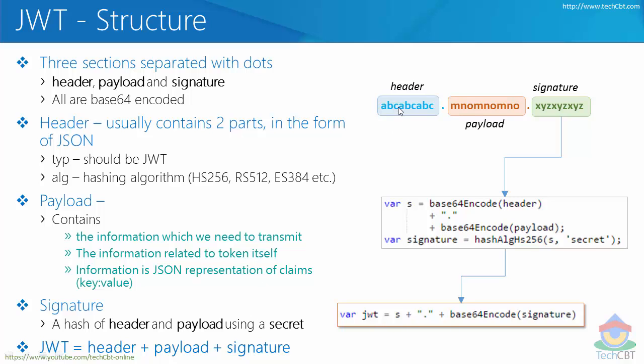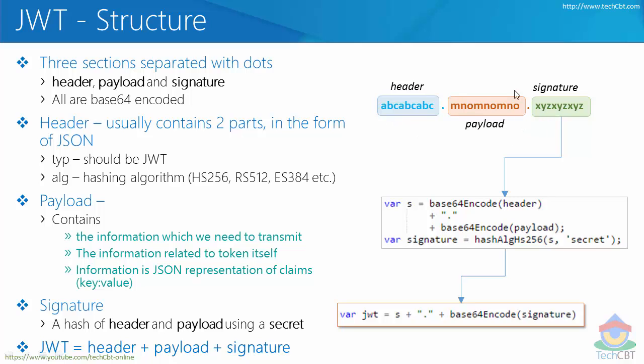So if anyone tampers with either of these two pieces of information, whatever they have tampered with will never be the same as what you put in the signature. The signature already includes the hash of these two. So if anyone tampers with this, the signature along with the tampered message will never match, and the token becomes invalid.